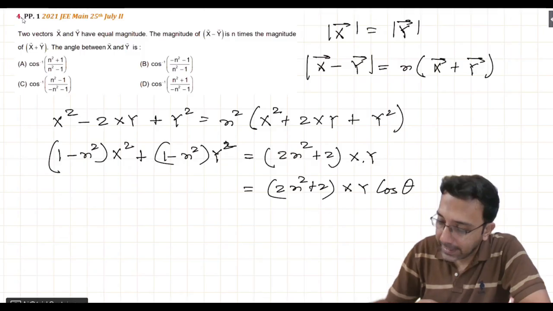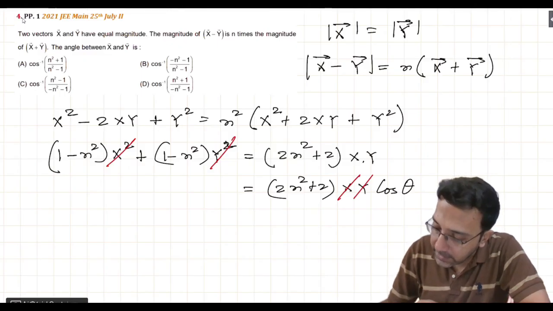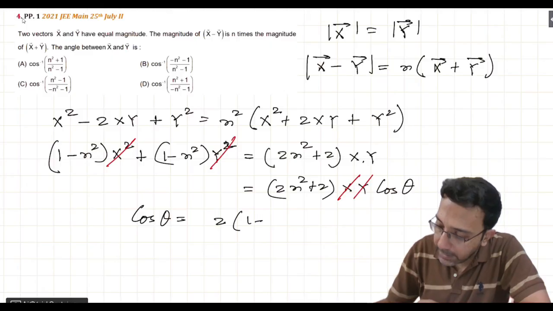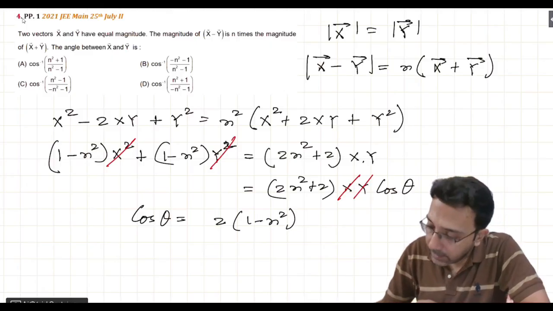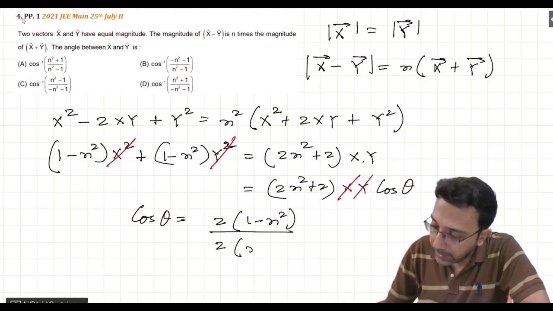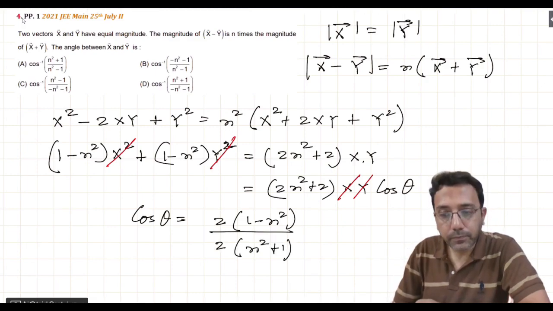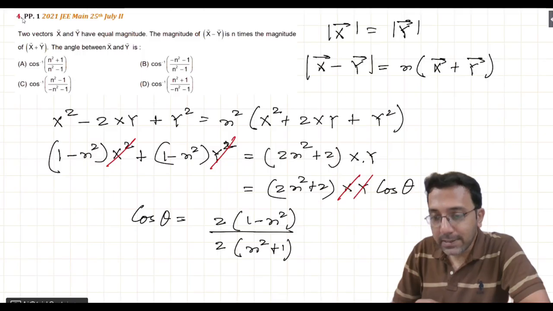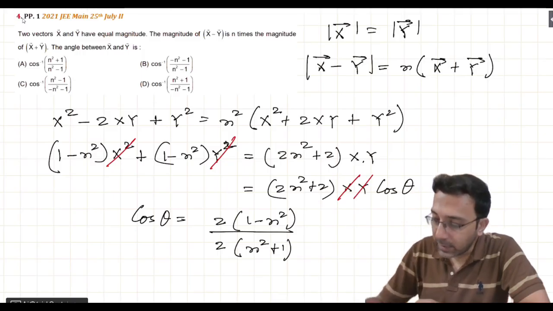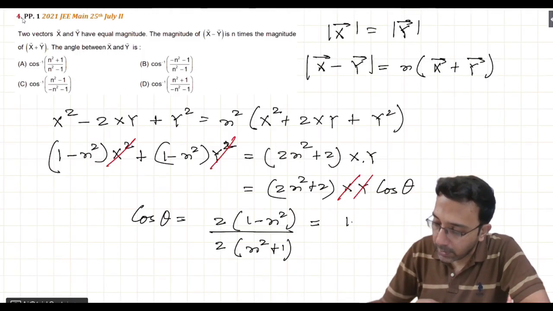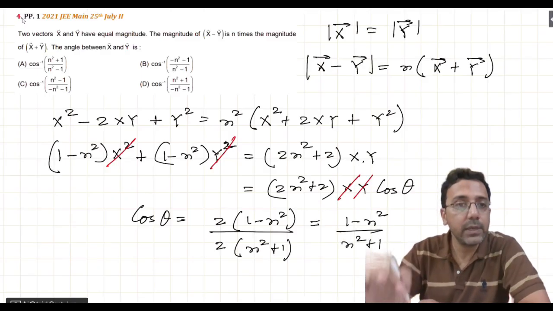Now you can just cancel these things, and cos theta comes out to be 2 into 1 minus n square divided by 2 into n square plus 1. The 2 gets cancelled, so this is 1 minus n square divided by n square plus 1. That is how we get the angle.